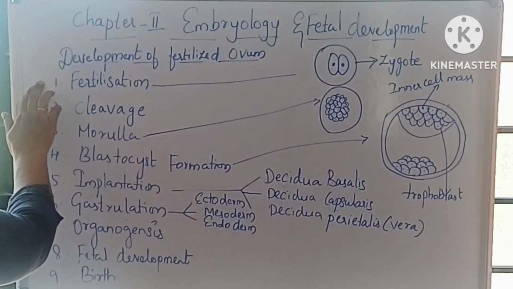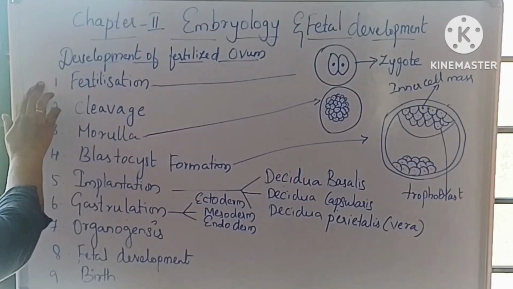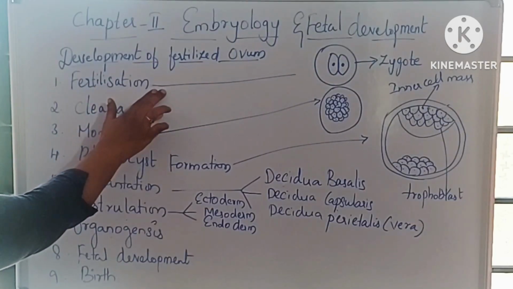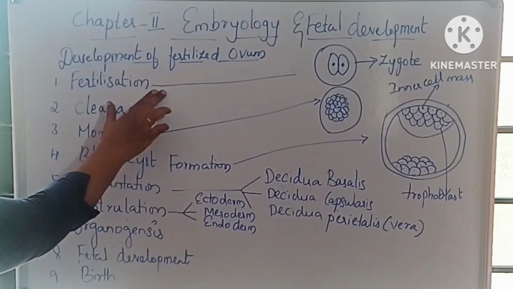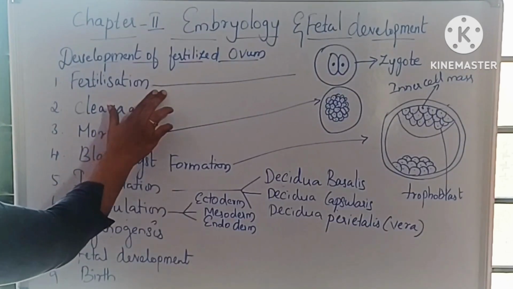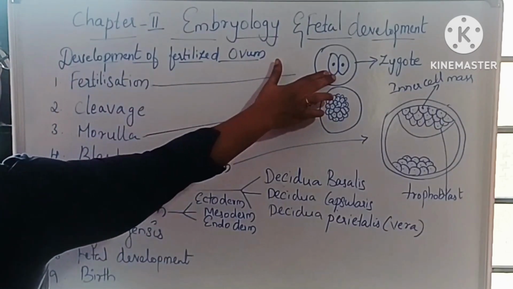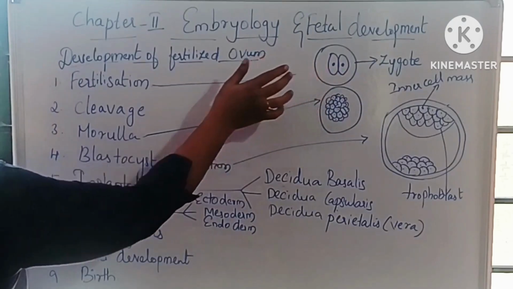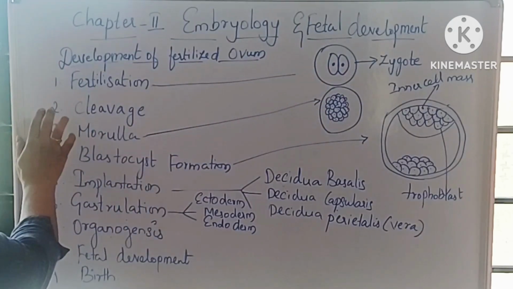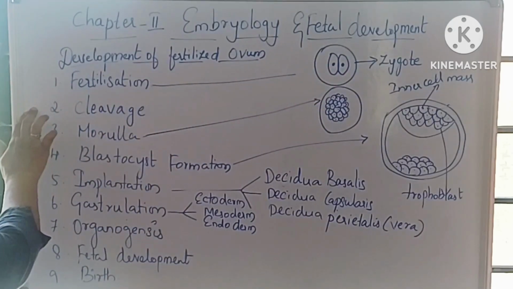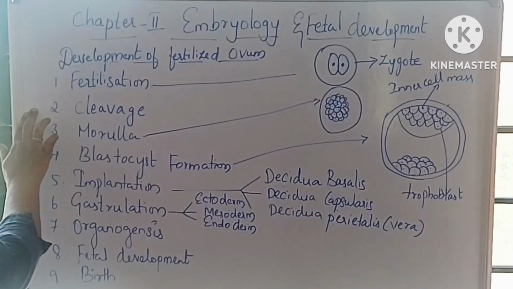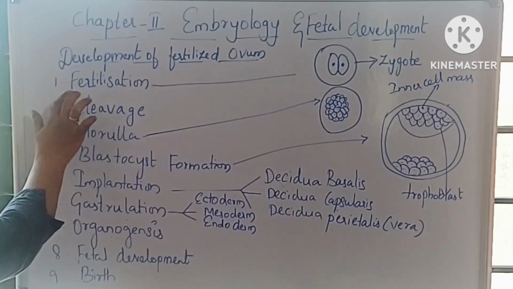First, we can see about fertilization. Fusion of sperm and ovum is called fertilization. The formation of a diploid cell is called a zygote. The zygote has 46 chromosomes. This fertilization occurs in the ampulla of the fallopian tube.